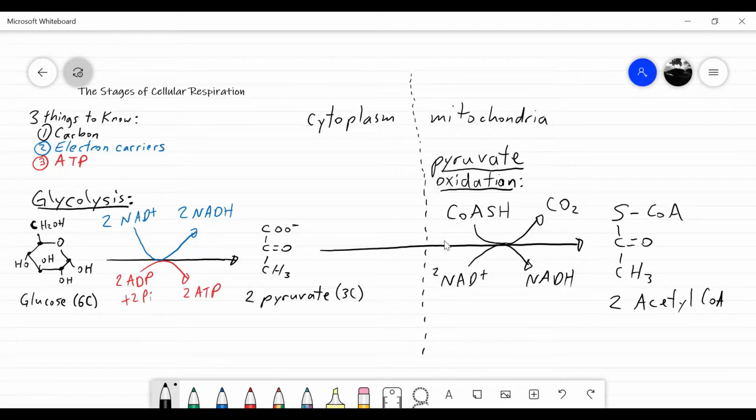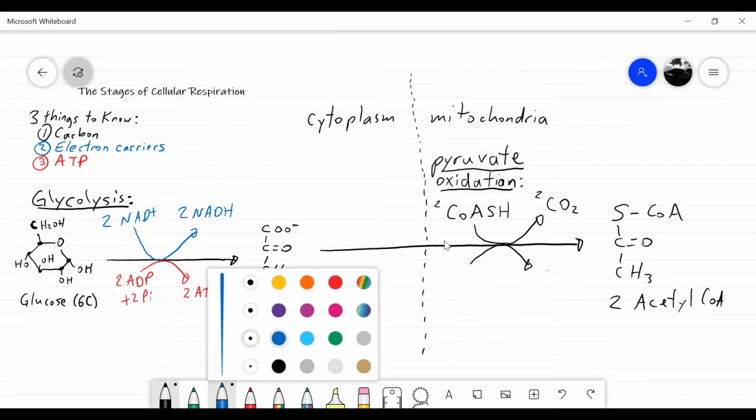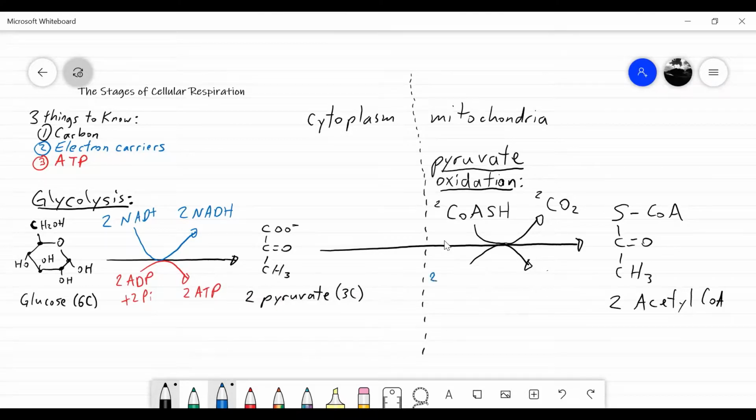Like I said, I can put a 2 in front of all these things. I'm just doing it for my own sake so I can remember what is going on here. And I guess I meant to draw that in blue, so I'll rewrite that in blue. I like to color code things. All right, 2 NAD+ and 2 NADH. There we go.